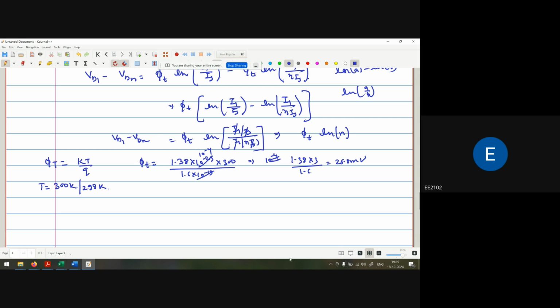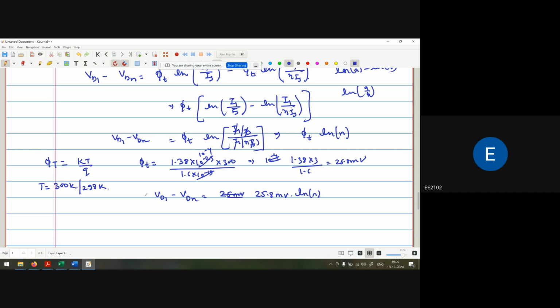So if phi t value is this, VD1 minus VDN equals 25.8 millivolt multiplied by ln n.